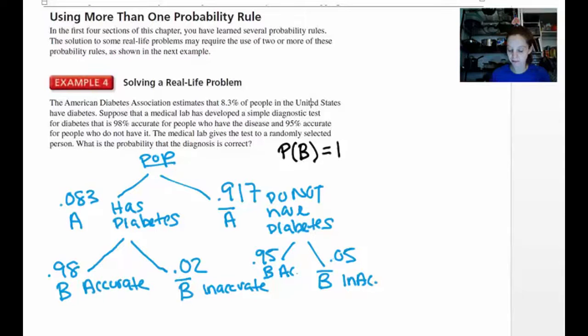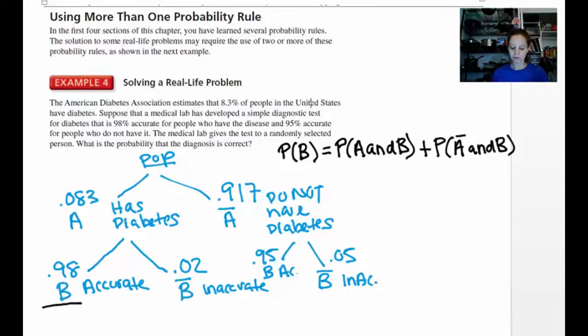So we're going to have to find the probability of A and B plus the probability of the complement of A and B. So we want to know whenever the test is accurate, and there's two branches that lead to an accurate test.